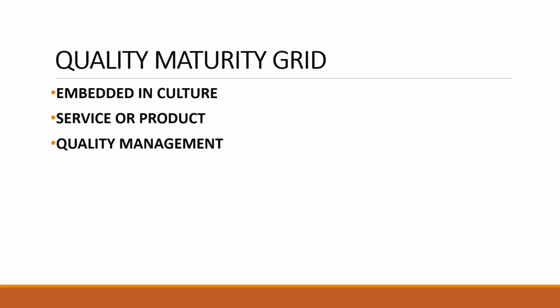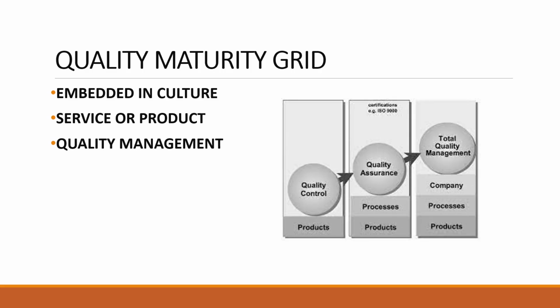Then, is there any quality management system in place for the product or the process? All these things together talk about the quality maturity grid, and this also includes quality control, quality assurance, and total quality management, or TQM.